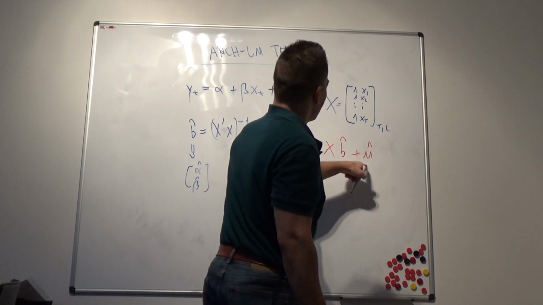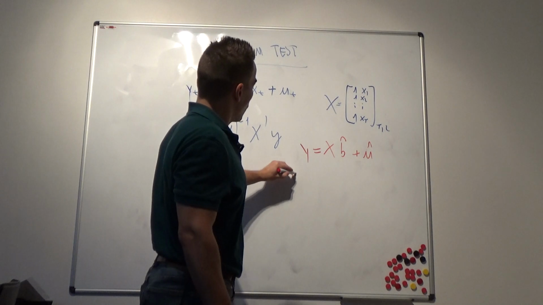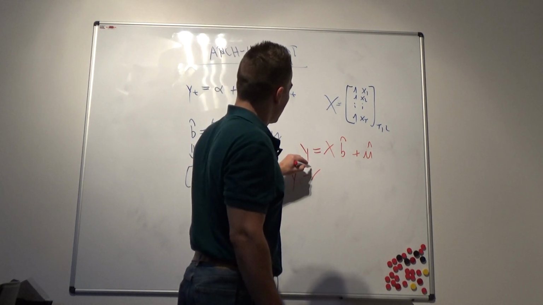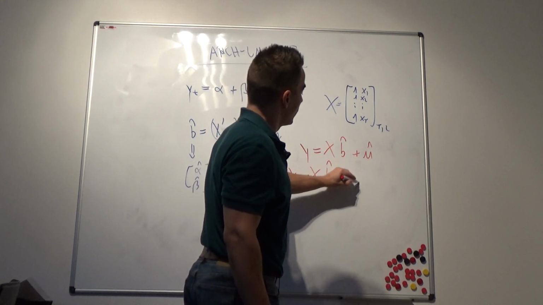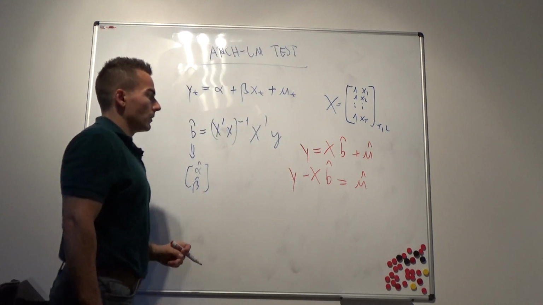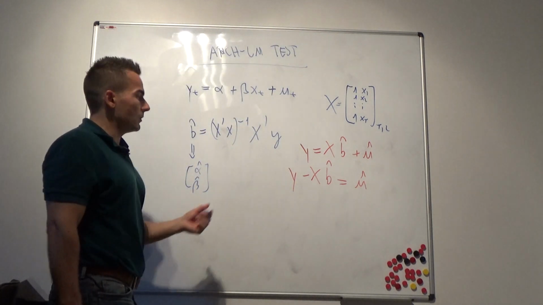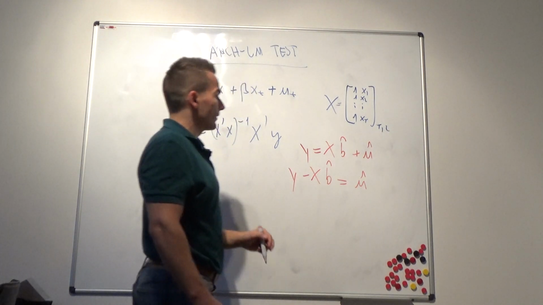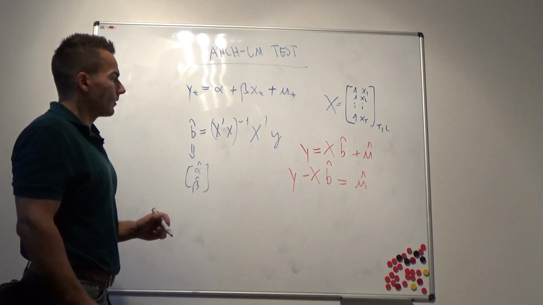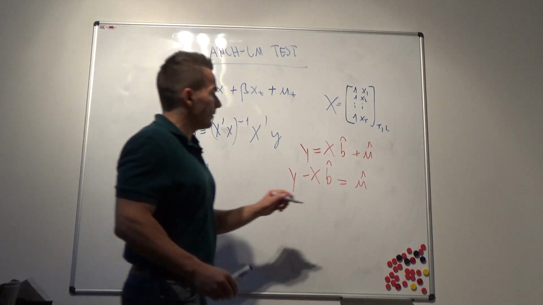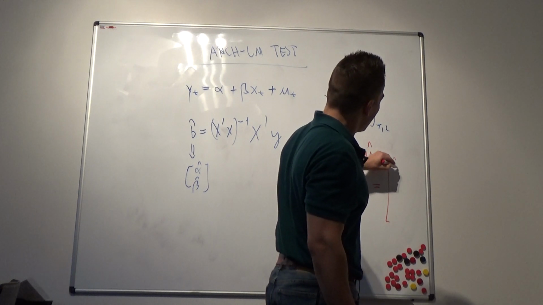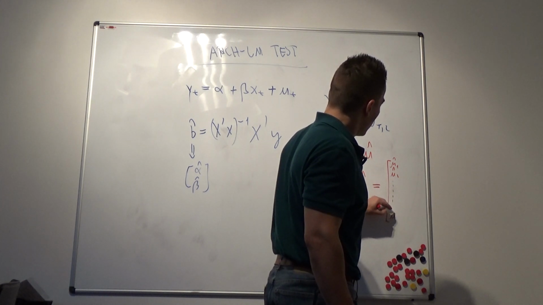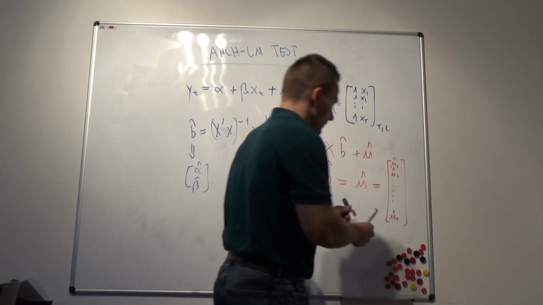So our u hat is then nothing else but y minus x times beta hat, and this is then our estimated vector of residuals. Yeah? This is also, of course, a T by 1 vector. So we can write it also like that: here we have the elements u hat 1, u hat 2, and so on until u hat capital T.